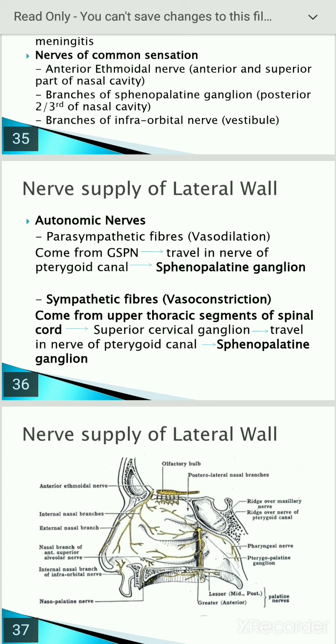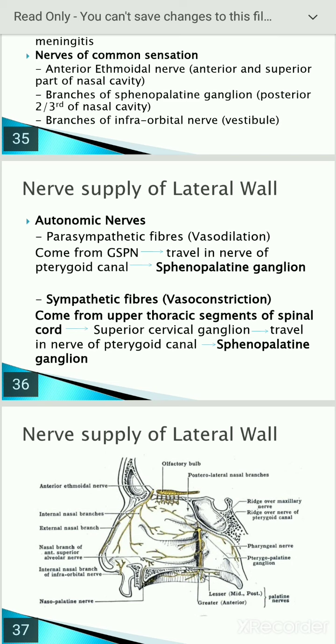Autonomic nerves: there are parasympathetic fibers. They come from the greater superficial petrosal nerve. They travel in the nerve of the pterygoid canal and they make the sphenopalatine ganglion.